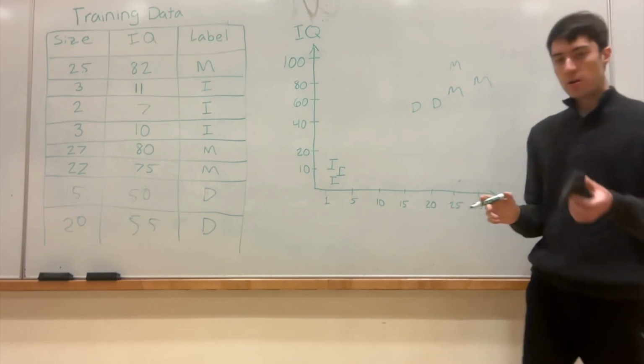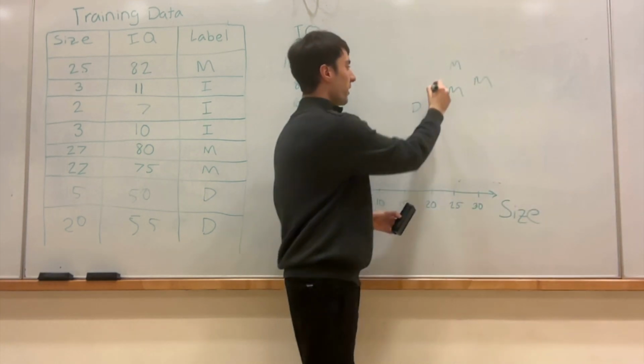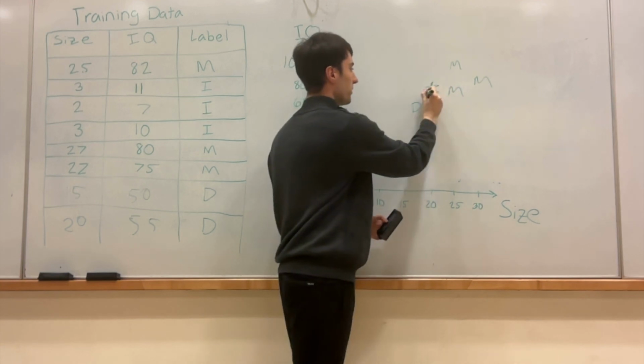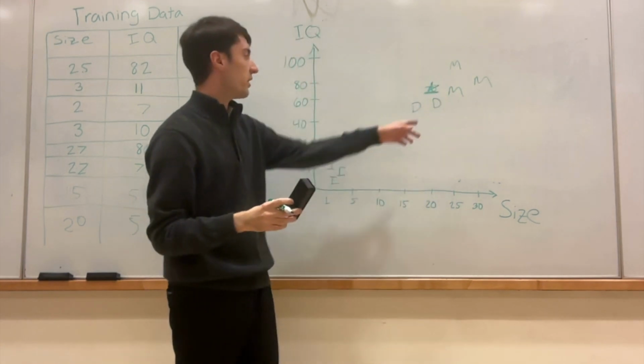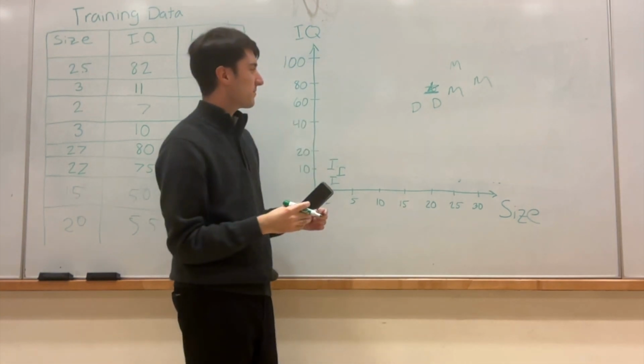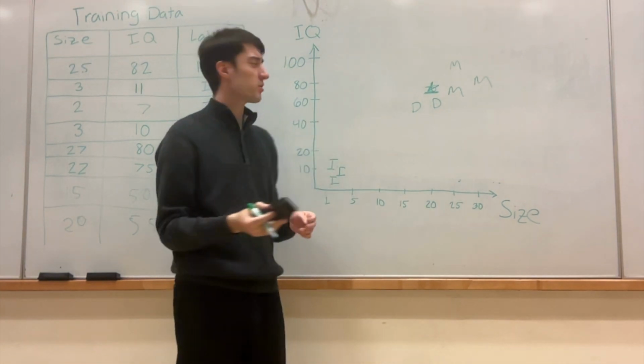All right, so now if we have a point right here, and we're trying to say, all right, here's our point. Is it a monkey or a dog? Well, now it's a little bit more difficult to tell, right?